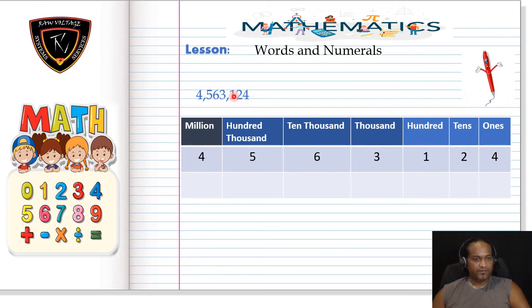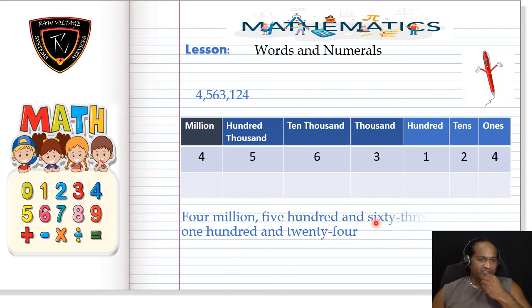That's how we read it. Read all the thousands here together. So if I'm to write the words for this number, I will now write 4,563,124.